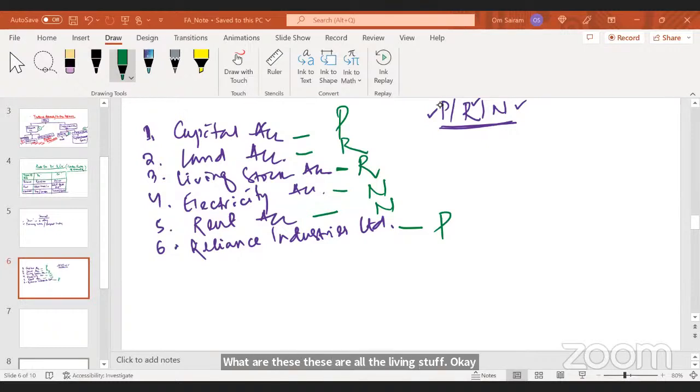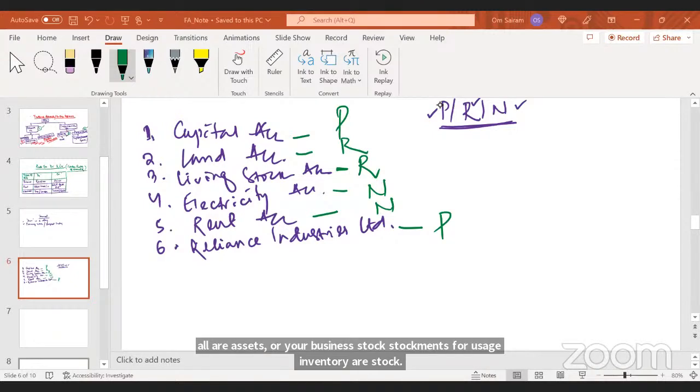Or you are cultivating some pets, that means you are selling some puppies. What are these? These all are living stocks. These are assets to you or not. These all are assets for your business. Stock means what? Asset, inventory or stock. So since these are the assets, it is coming under real account. Is it clear?